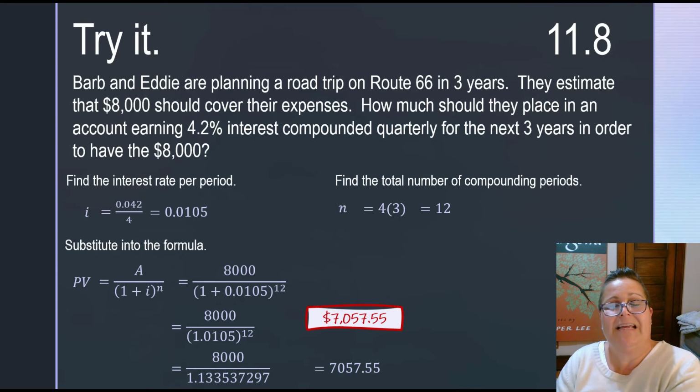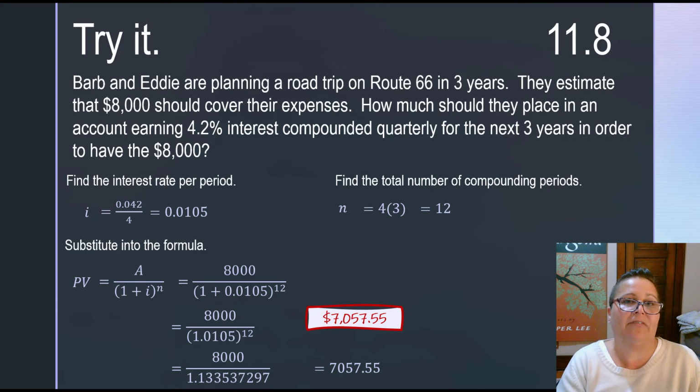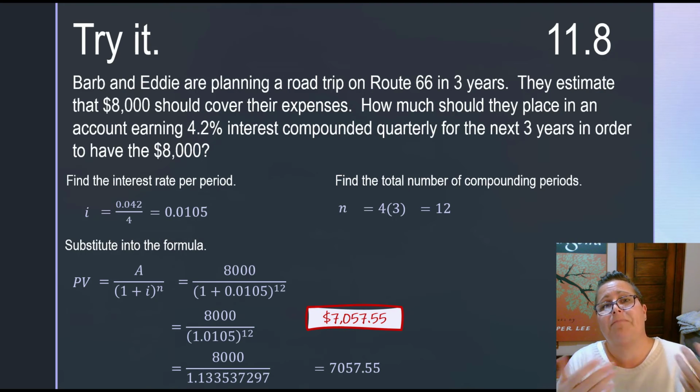So if they want $8,000 in 3 years, they have to be able to put $7,000 and change aside today. That doesn't seem like as big a savings. Like over the course of a year, I could probably save $1,000 maybe, or find a better use for it. But you can see it's still a savings. It's just not always as impactful.